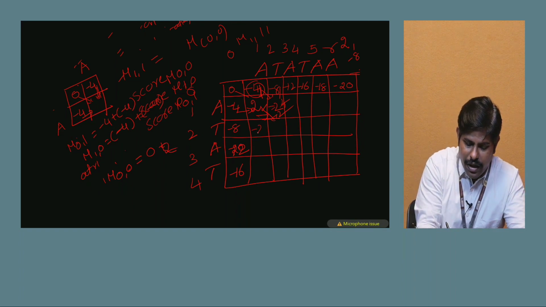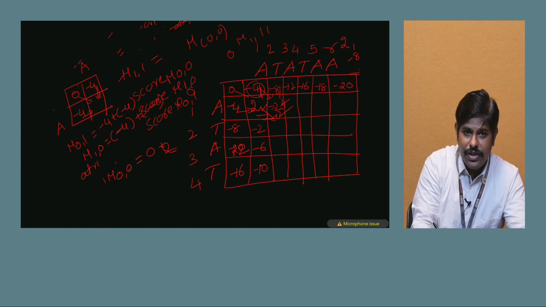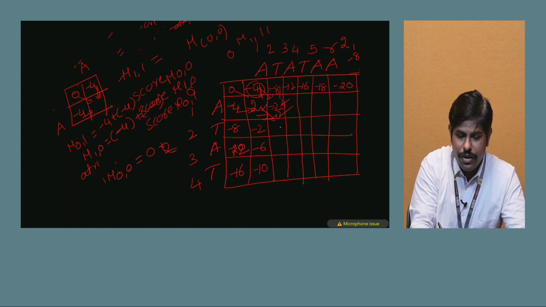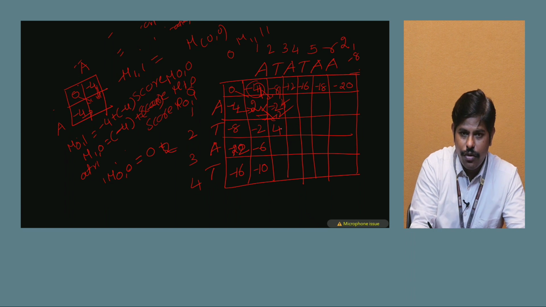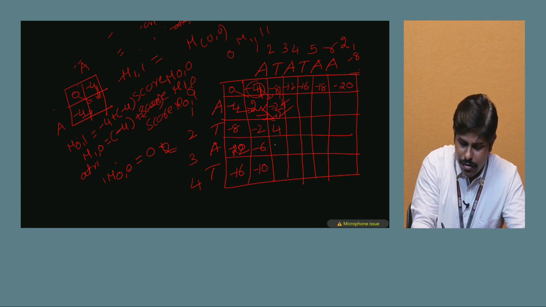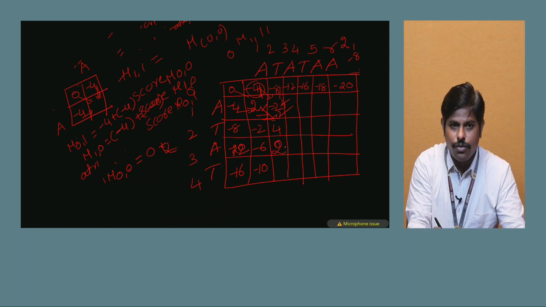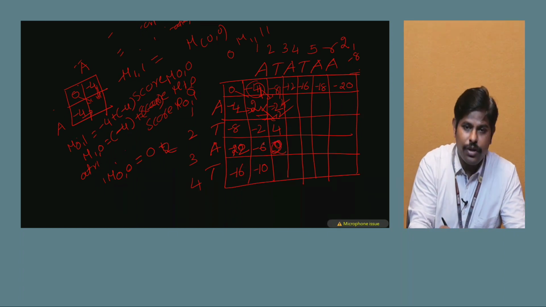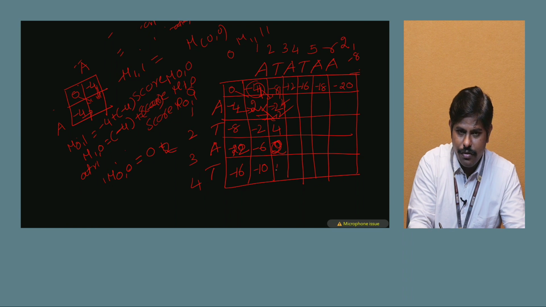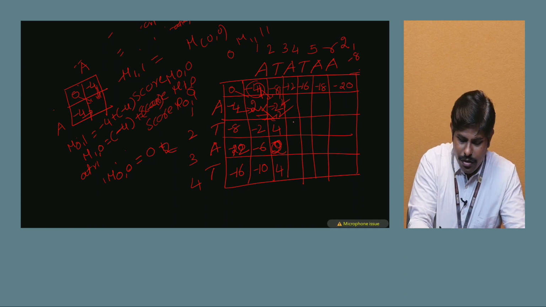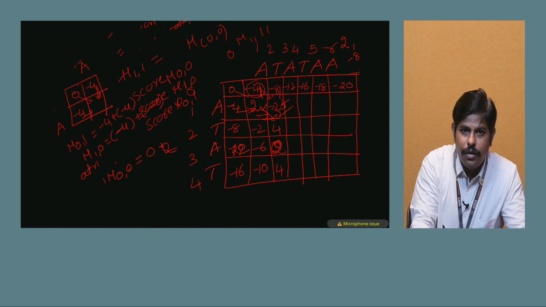In the same way you will get minus 2 here, and then minus 6, minus 10, and if you move in this direction 4, then 0, and I fill the values 4, 0, 4. Then here I will get minus 6, minus 10, minus 12, minus 16.